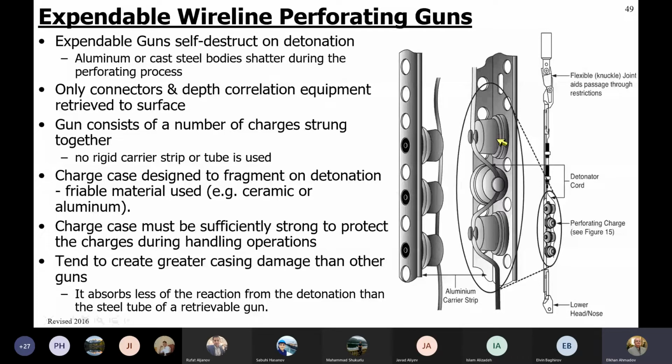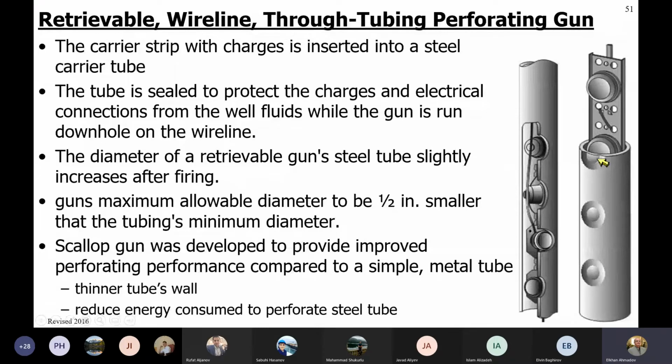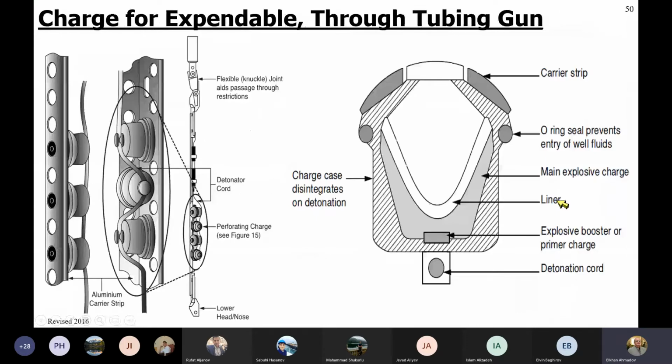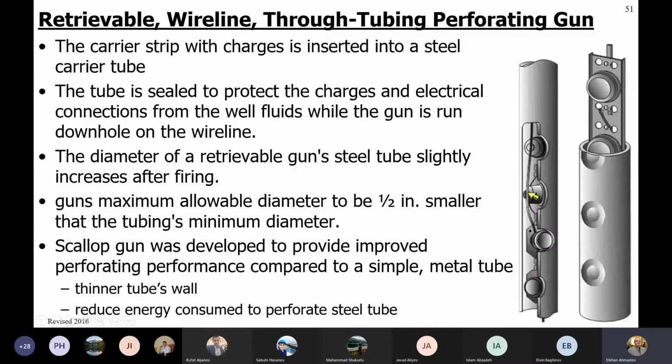When you run your perforator with a carrier, it is more stable and stronger, and when you shoot the charge, when you perforate, most of the energy reaction or reverse reaction of the charge is absorbed by this carrier. But in this case, it is not.